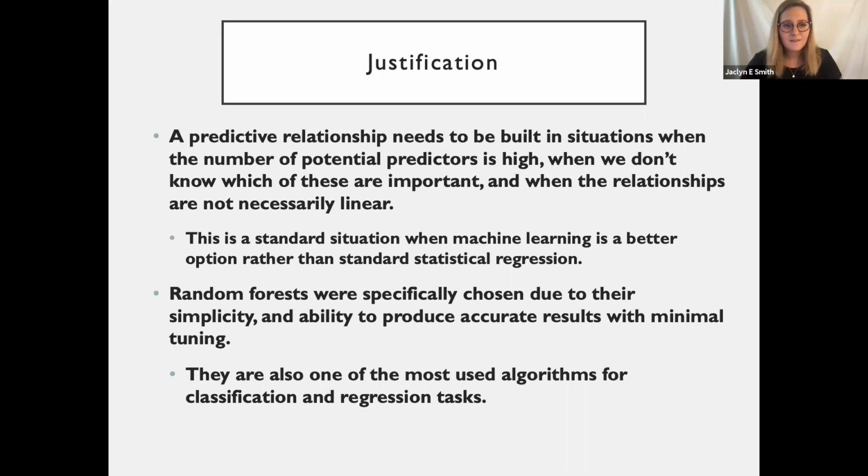So this is a really good situation for when machine learning might be the best option rather than using these standard statistical methods. Random forests were specifically chosen due to their simplicity and ability to produce accurate results with minimal tuning. They're also one of the most commonly used algorithms for classification and regression tasks.